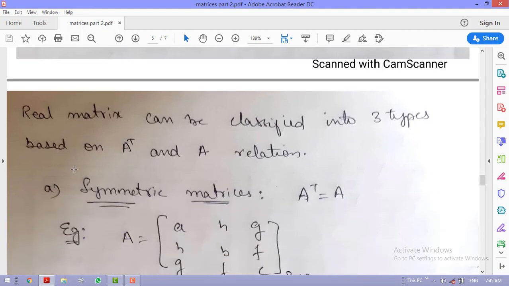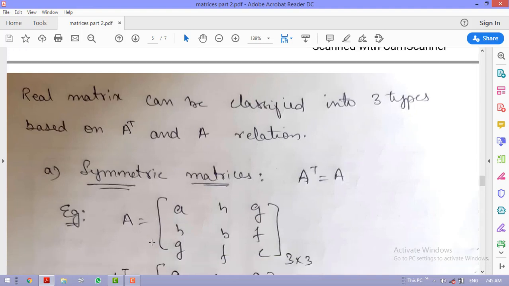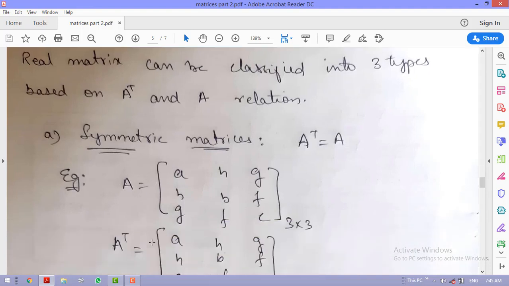The first one is symmetric matrices, which means that if A is a matrix and the transpose of A is the same as A, then that matrix is said to be a symmetric matrix. It's a very famous example you can find in any textbook you're reading for your GATE preparation. Like A is equal to A H G, H B F, G F C.